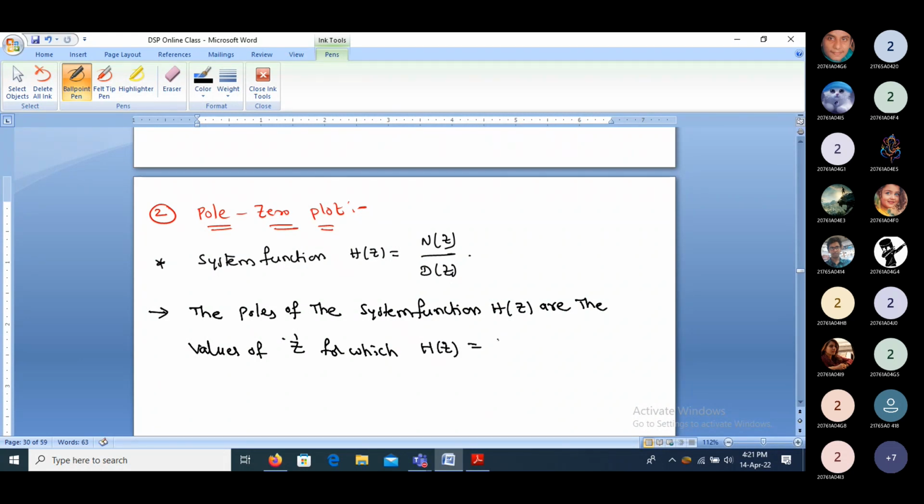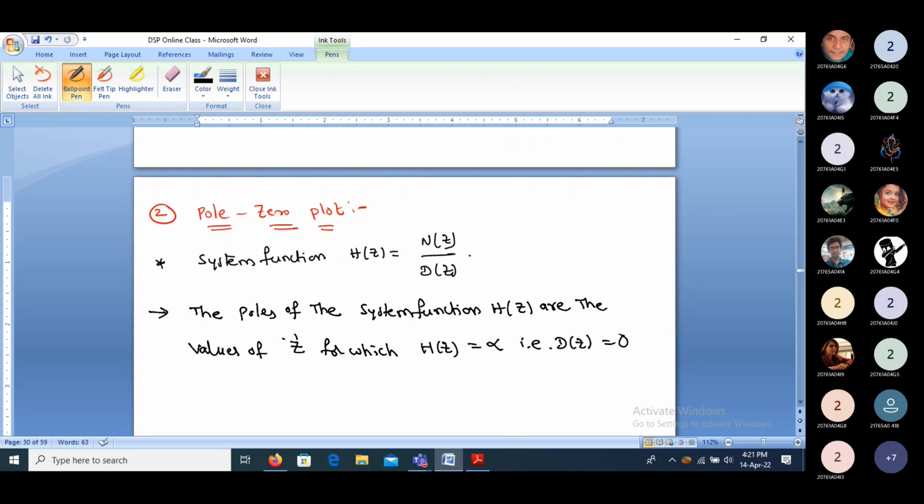When h of z is equal to infinity, the denominator d of z is equal to 0, since anything divided by 0 is infinity. So if the denominator of the system function d of z is equal to 0, find the values of z.